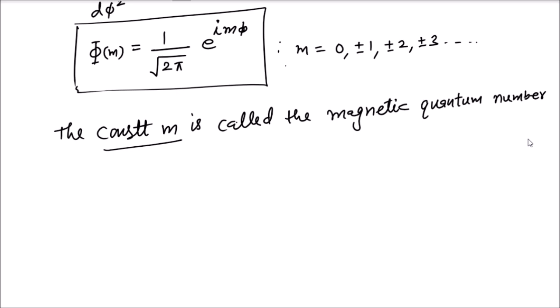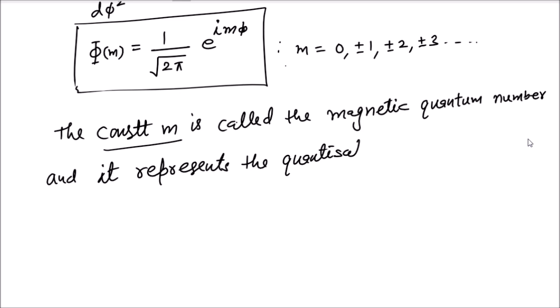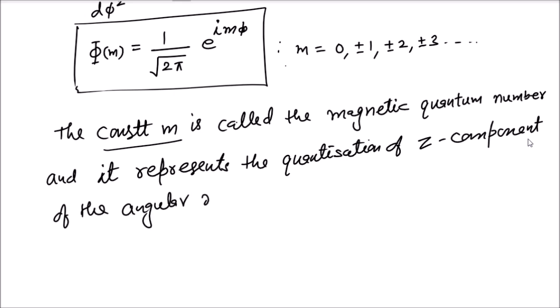We come across the constant m, called the magnetic quantum number, and it represents the quantization of the z component of the angular momentum. What does it represent? The quantization of the z component of the angular momentum.